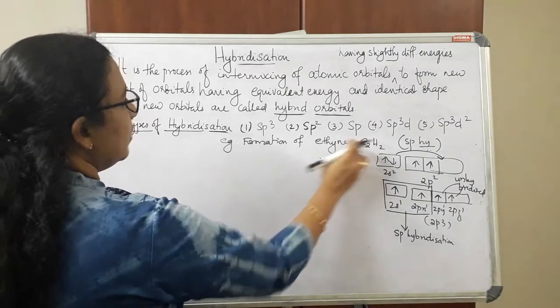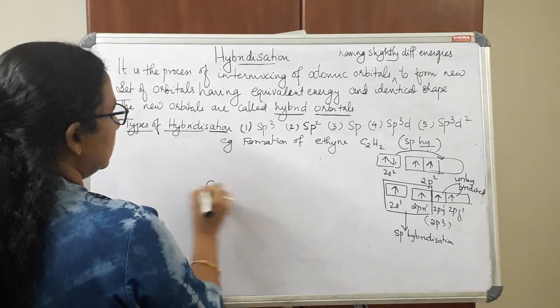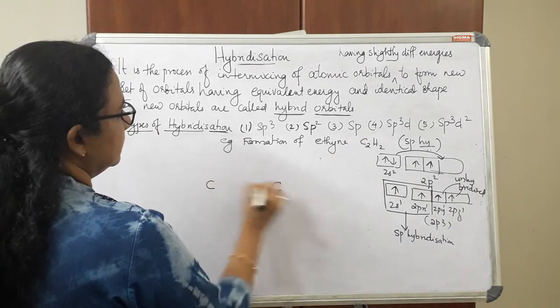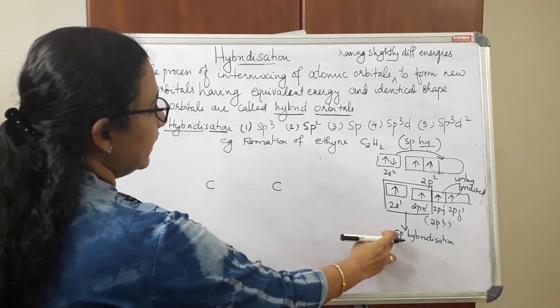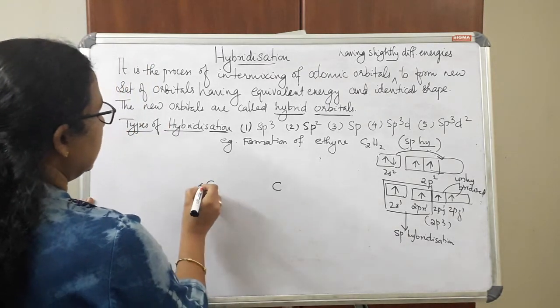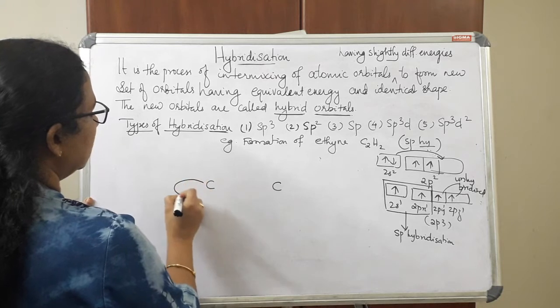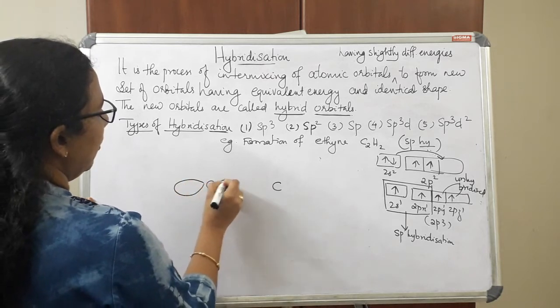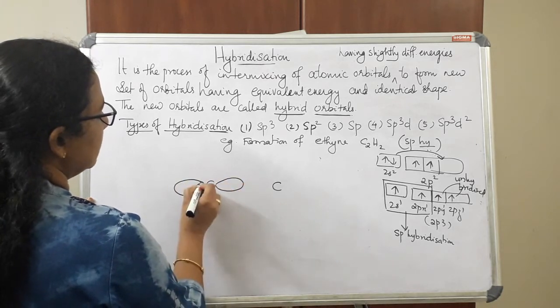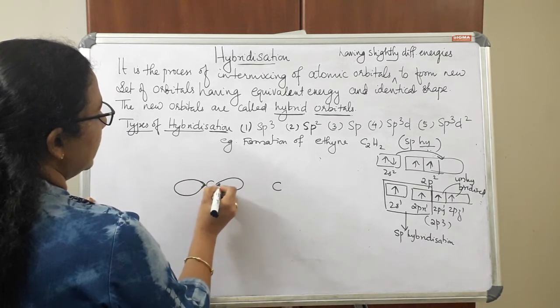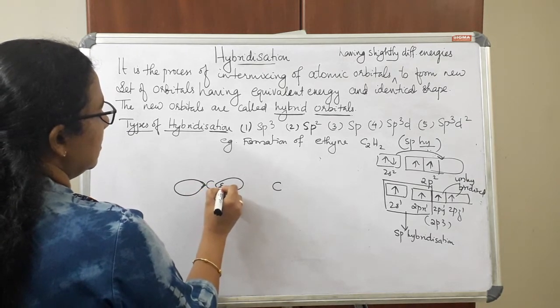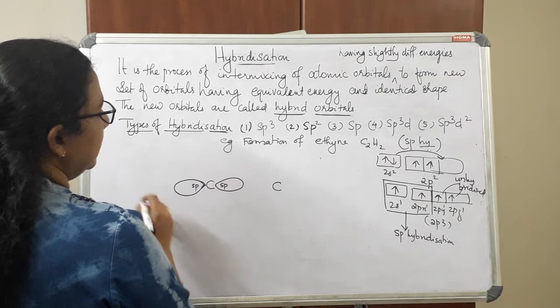Since there are two carbon atoms, we will draw two carbon atoms. It has sp hybrid orbitals, it is linear in shape, or the orbitals are oriented in opposite direction. So the shape of the sp orbital will be like this.